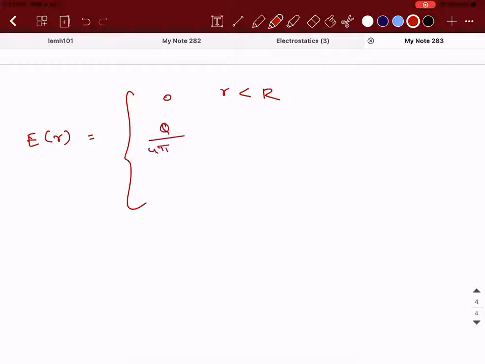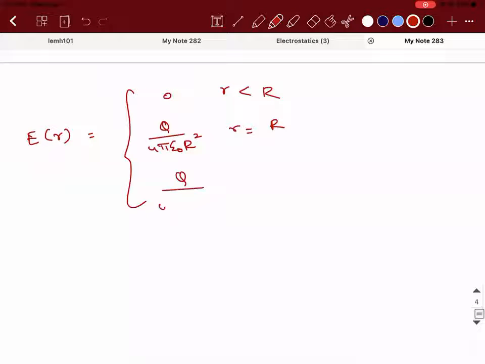Q divided by 4 pi epsilon naught capital R square when small r is equal to capital R. And Q divided by 4 pi epsilon naught small r square when small r is greater than capital R. Correct? This is a very, very important expression, and it is applicable for a spherical shell.